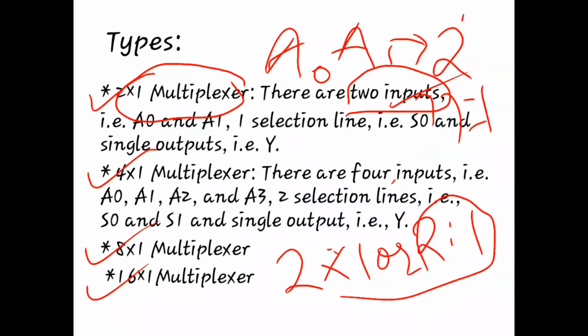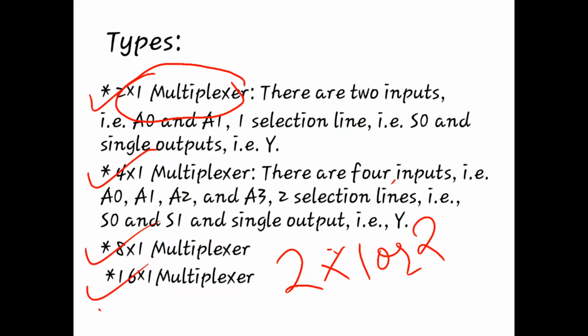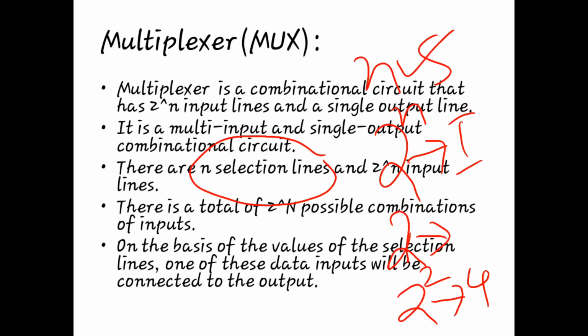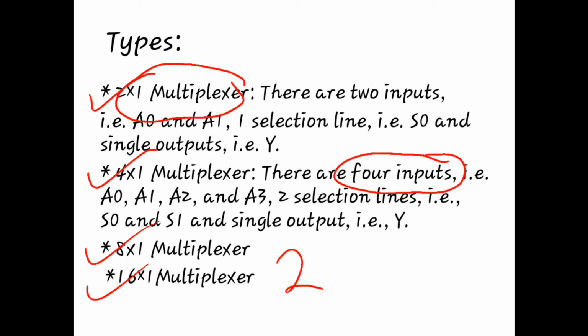Similarly, when we talk about the 4x1 multiplexer, it utilizes 4 inputs, let us say represented as A0, A1, A2 and A3. So 2 raised to power 2, how many input lines will we have? 4, that we are considering in this case.